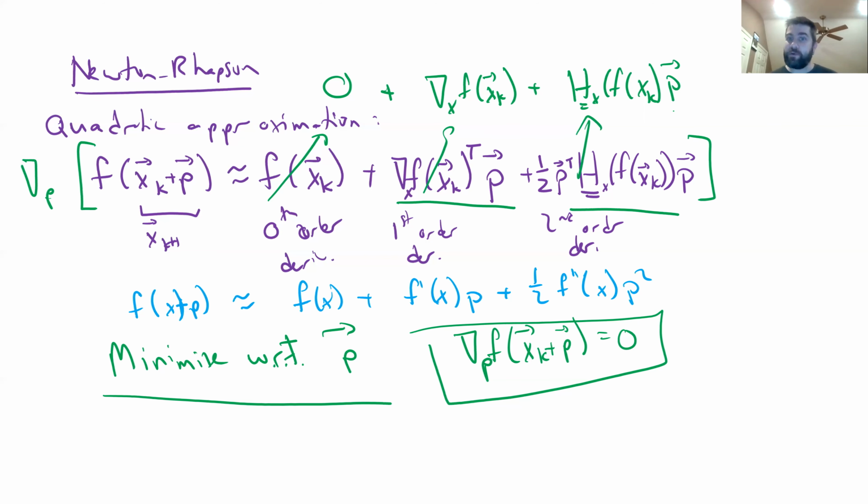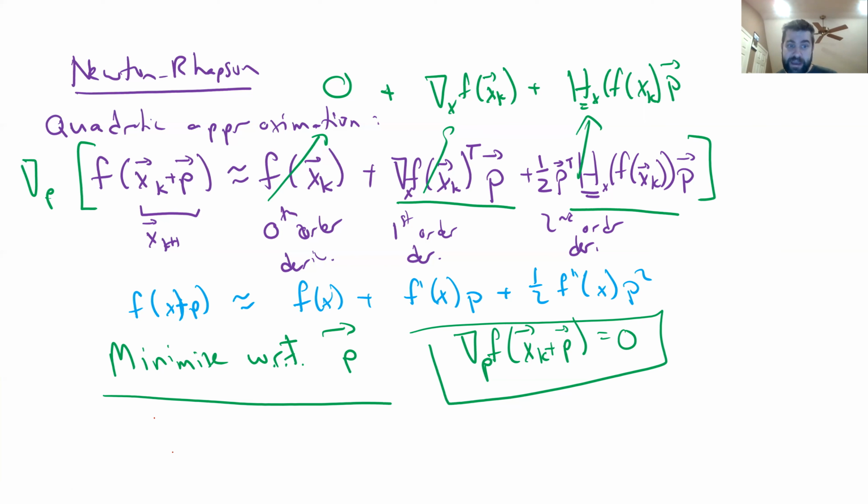And this is what we want to set equal to 0. We want to take that sum equal to 0. What does that leave us with? Taking that sum equal to 0 gives us that these two terms have to be equal to each other but opposite in sign.